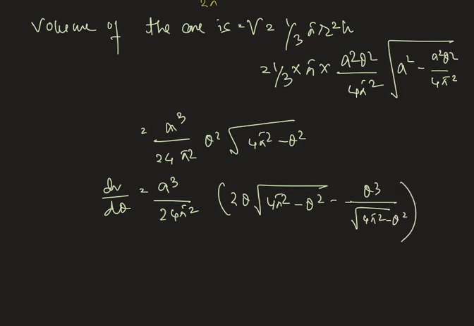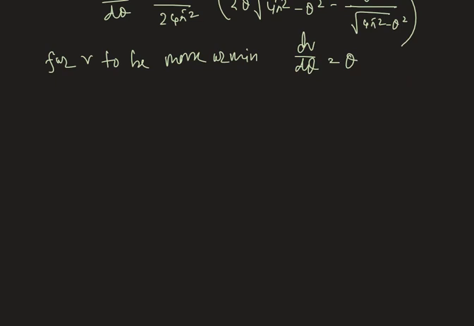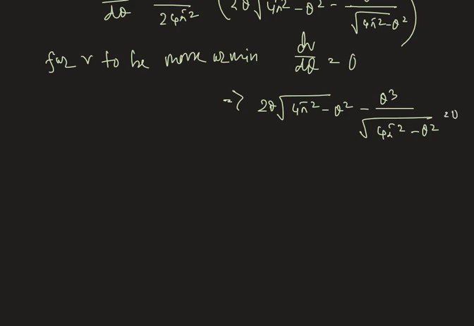For V to be maximum or minimum, dV by d theta is equal to 0. Therefore we get 2 theta root over 4 pi square minus theta square minus theta cube divided by root over 4 pi square minus theta square equals 0.